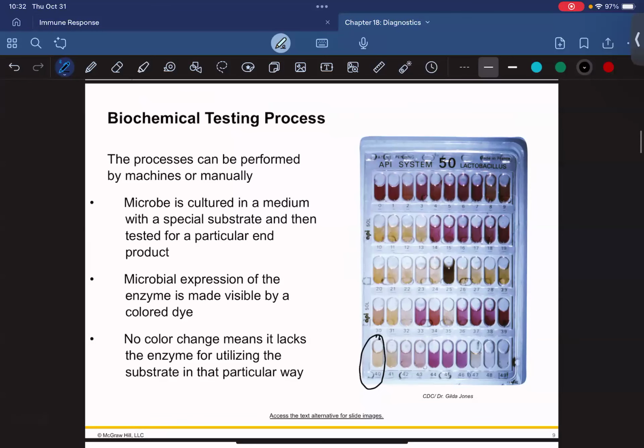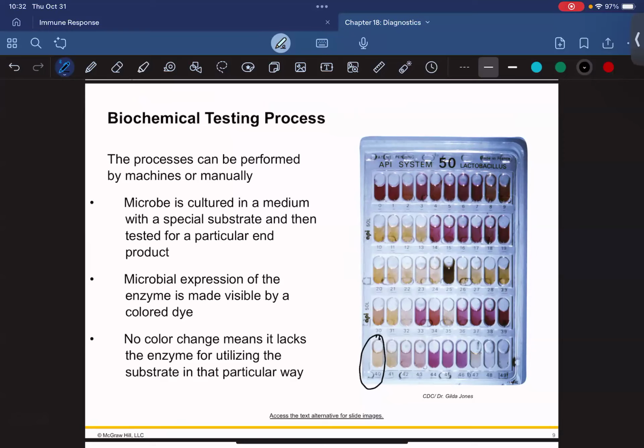You can do these tests en masse on these cards, these API cards that we can order, where all of the tests that we're doing in labs are included. So if you look at our test that we inoculated last time, that would be our fermentation tests of those 4 different carbohydrates. We had the MR test and the VP. Those are all in 1 tube, but we're going to separate into 2 tests.